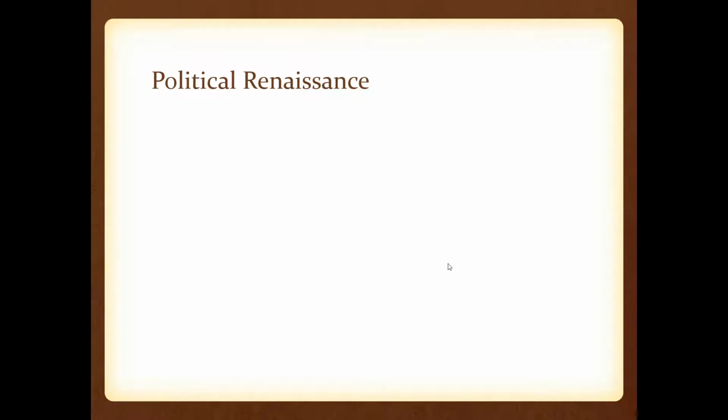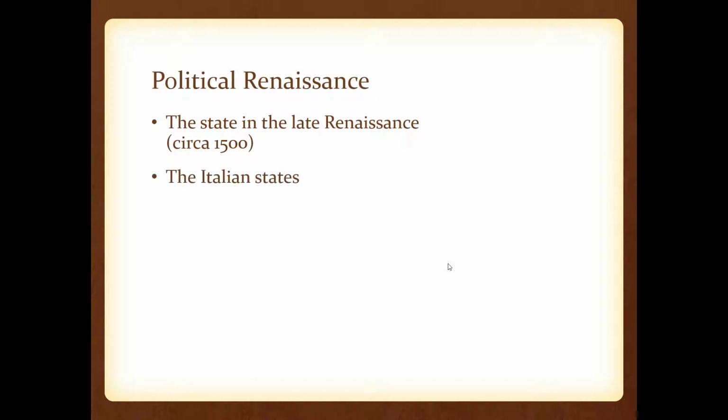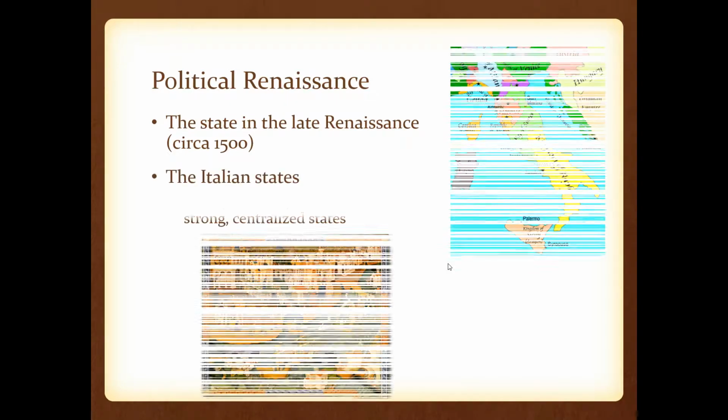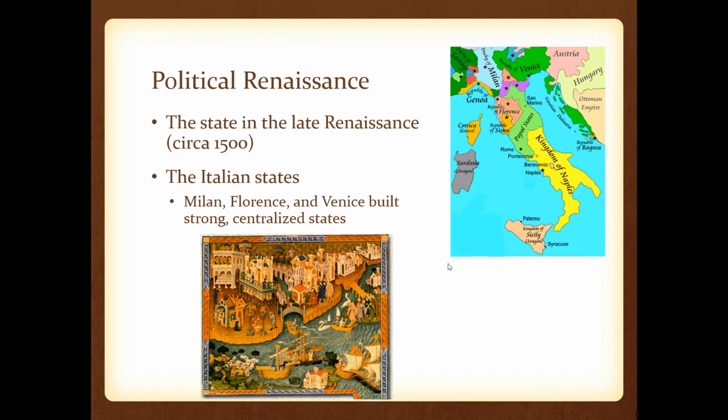And so with all of this comes this new political rebirth. So you have a political renaissance. In Italy, you have Milan, Florence, Venice beginning to create these strong centralized states.